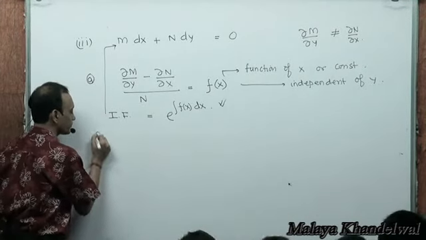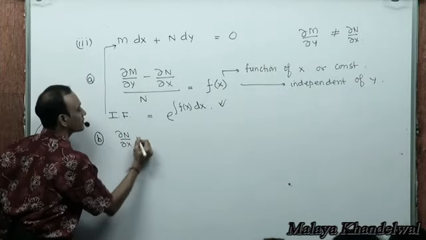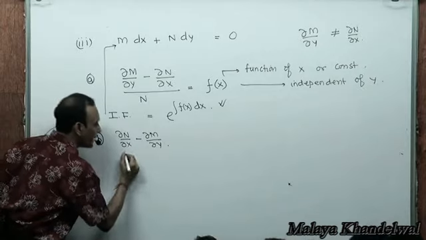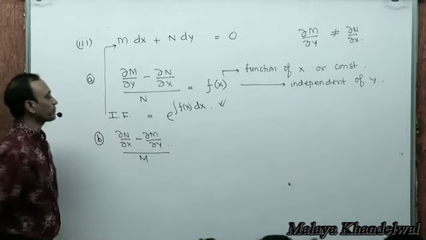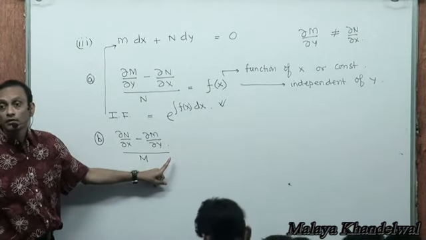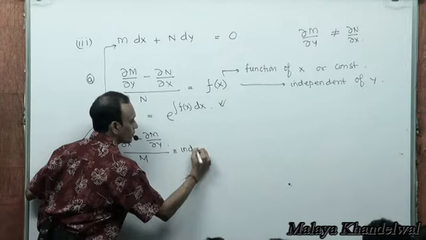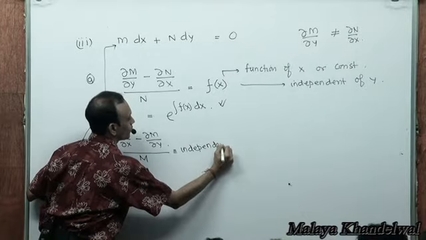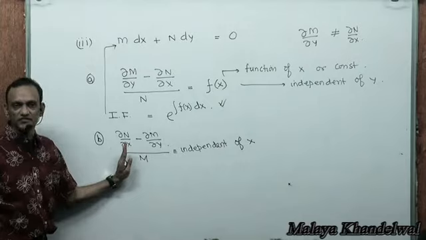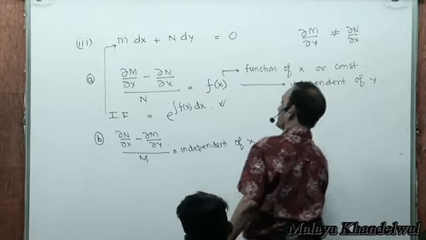Case B. If (∂N/∂x minus ∂M/∂y) by M is independent of x, that means it's a function of y alone. Say it is f(y).